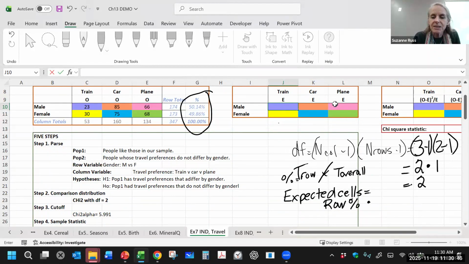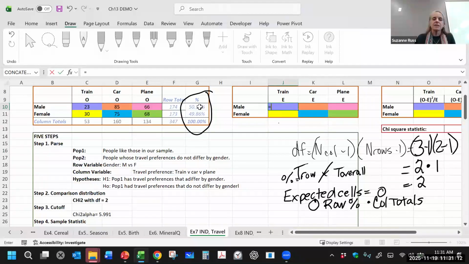And here's where our times comes in by our column totals. And I'm going to put in our observed row percent times our observed column totals. And so what that means is we're going to take and put our equal sign.